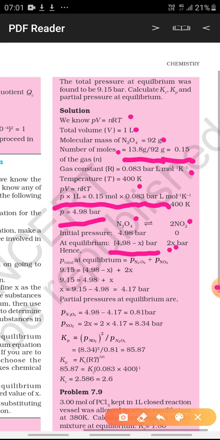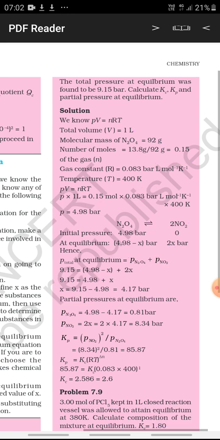Now the quantity of N2O4 left will be the initial pressure minus X. Now the total pressure of both the reactant and product will be equal to pressure of N2O4 plus pressure of NO2. Now both the pressures we know in terms of X, so we can calculate the value of X.